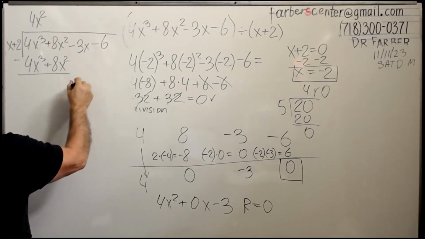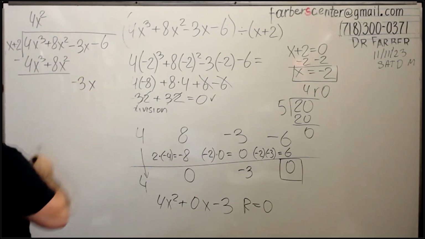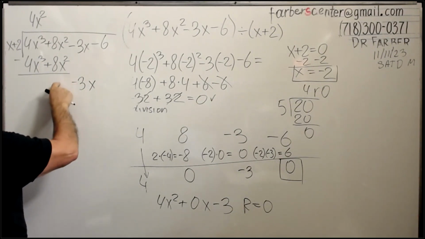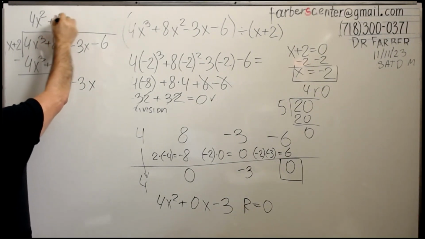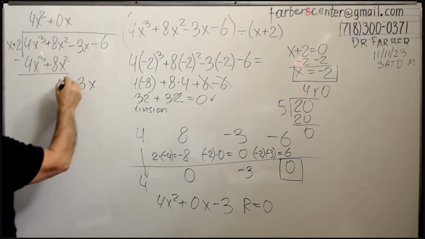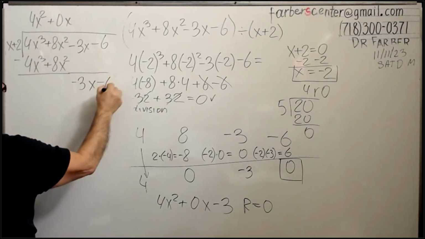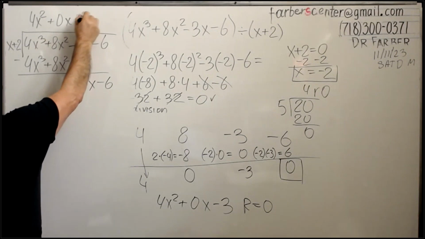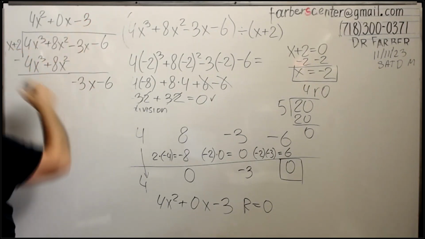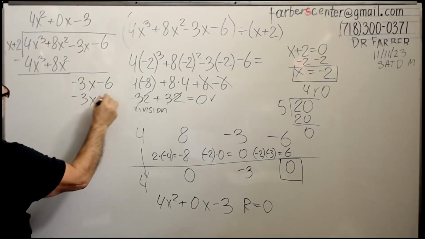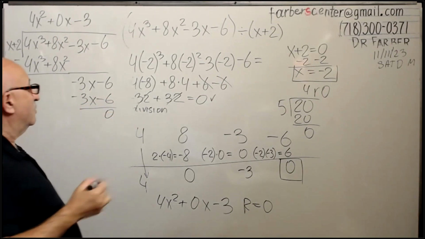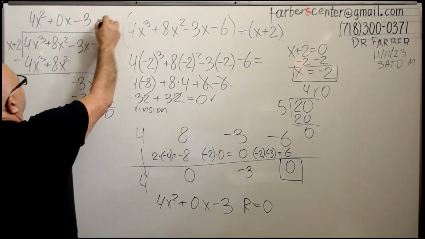Bring down negative 3x, and put here 0 because from here I don't use anything. Negative 3x minus 6. You multiply this by negative 3. Negative 3x minus 6. And this is 0. So we solve this. What is 0? It means the remainder equals 0.